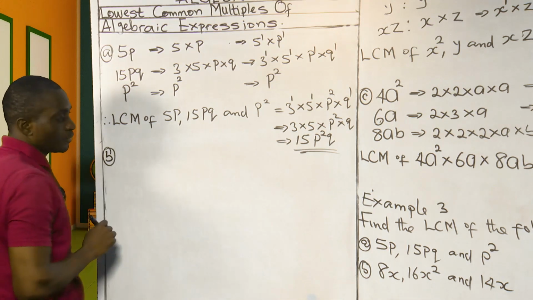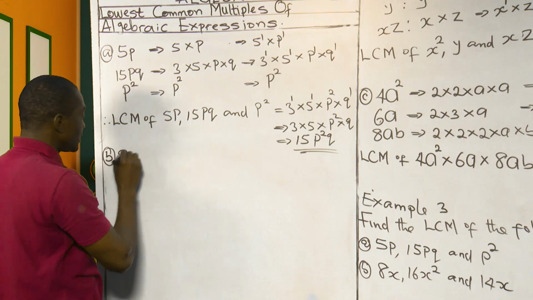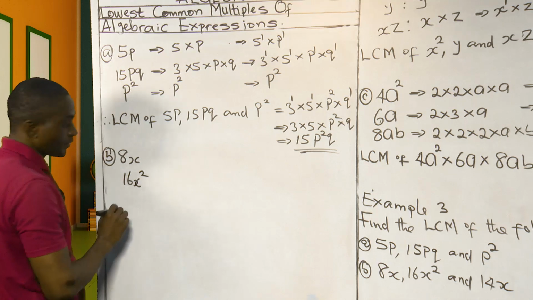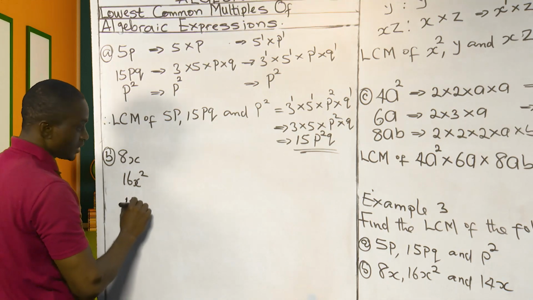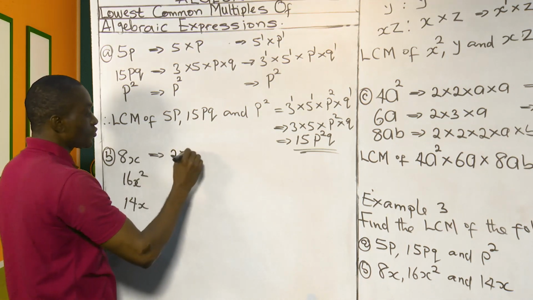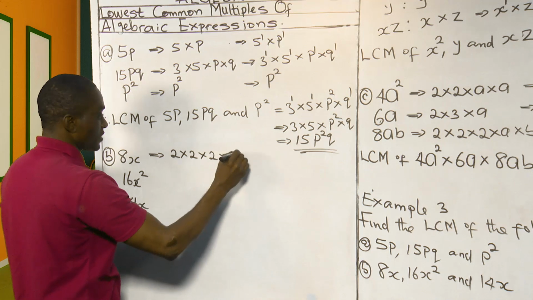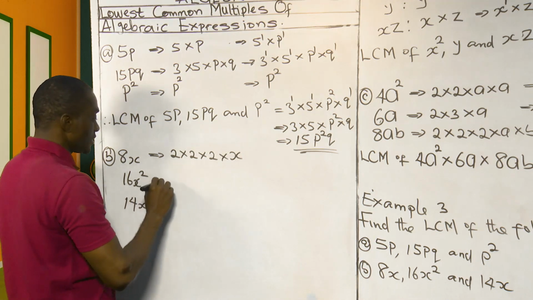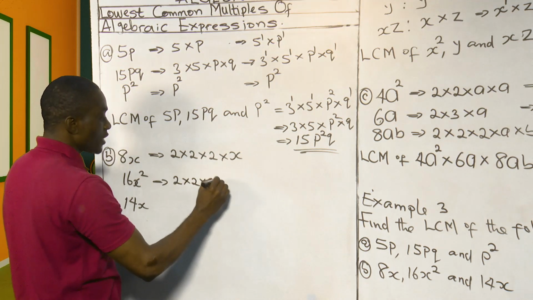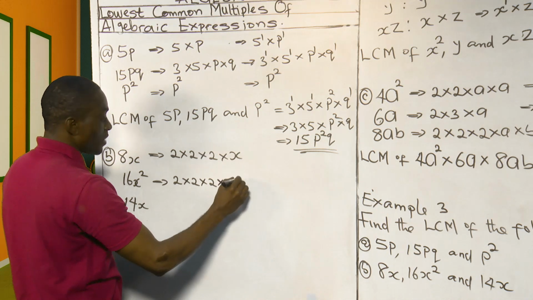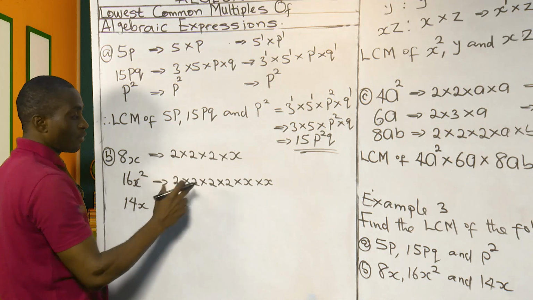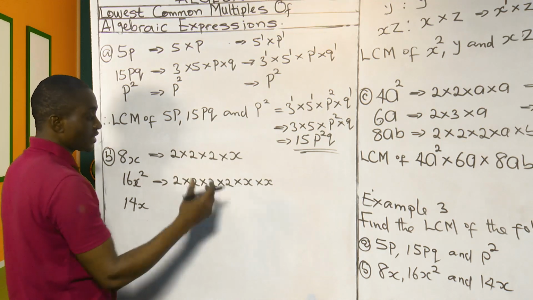The last, but not the least, is 8x, 16x squared, 14x. 8x will give us 2 multiplied by 2 multiplied by 2 multiplied by x. 16x squared will give us 2 multiplied by 2 multiplied by 2 multiplied by 2 multiplied by x multiplied by x. 2 times 2, 4. 4 times 2, 8. 8 times 2, 16.